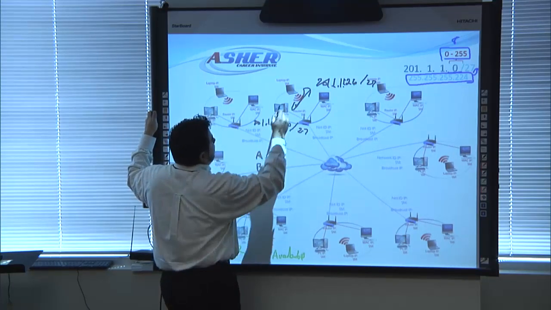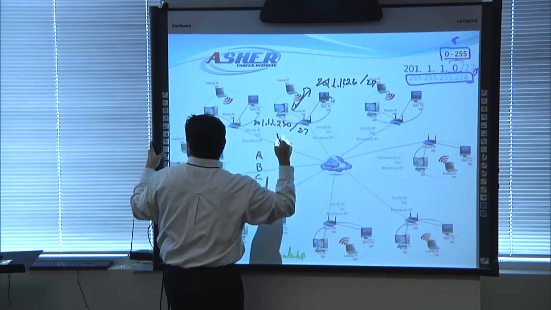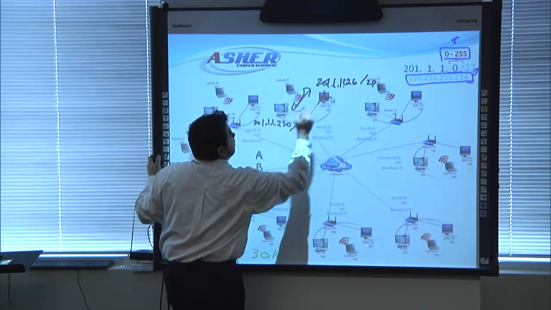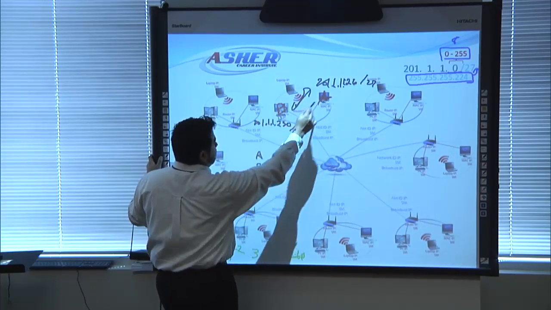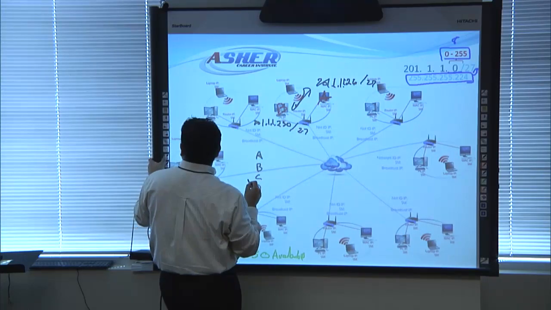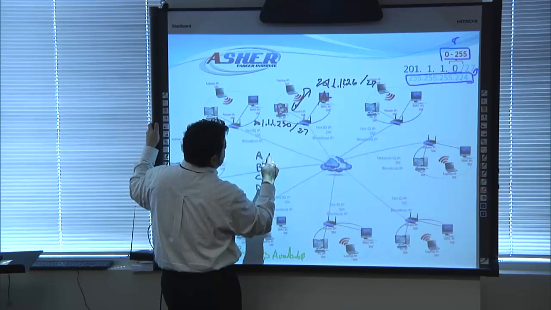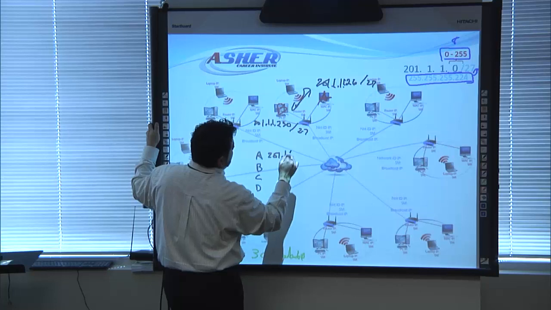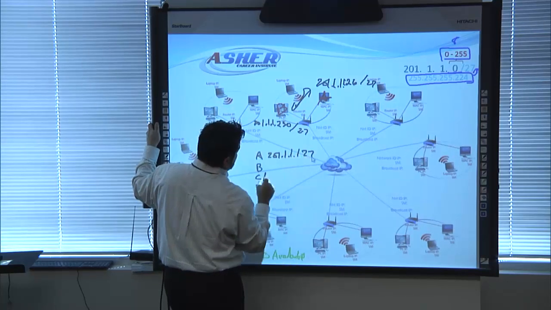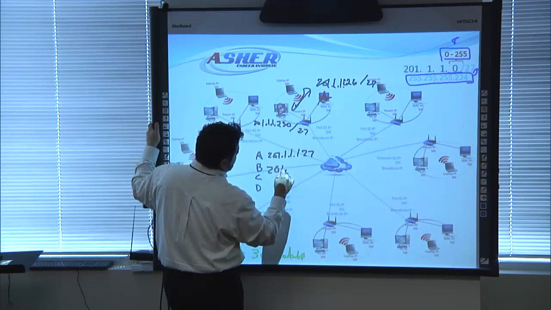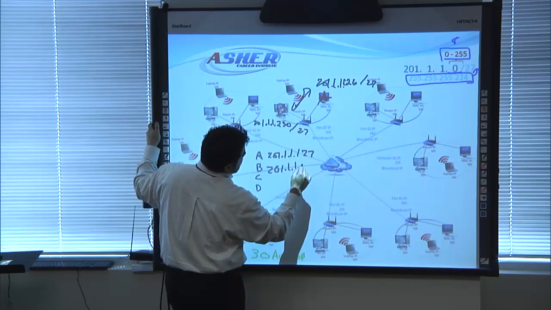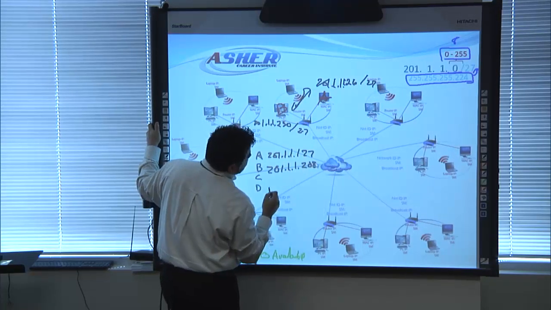A will say, change computer B to 201.1.1.127. Change computer B to 201.1.1.208.